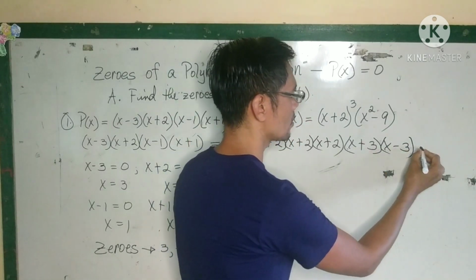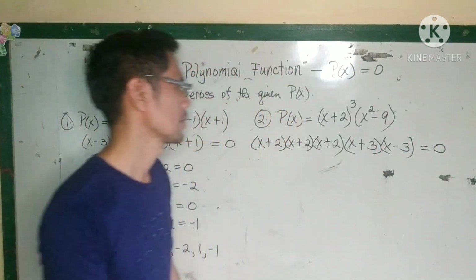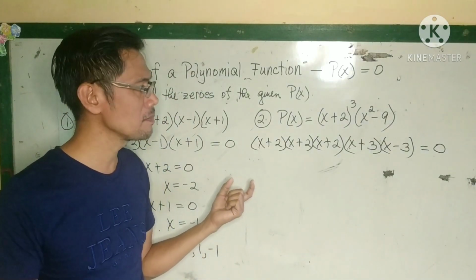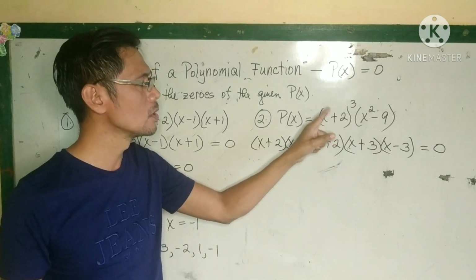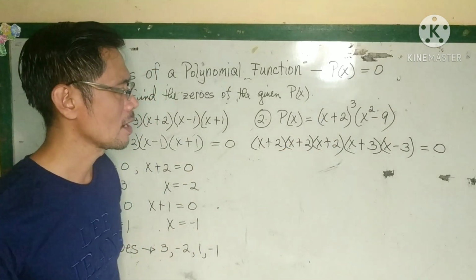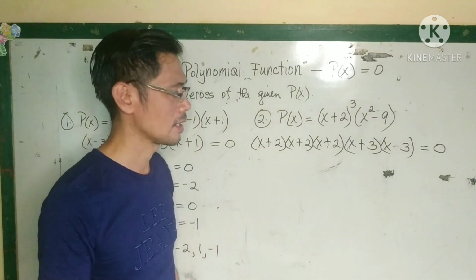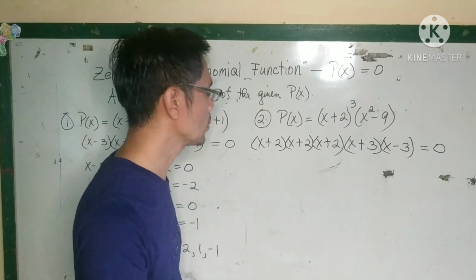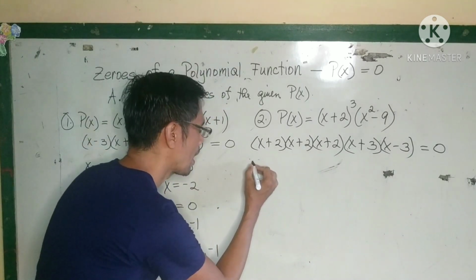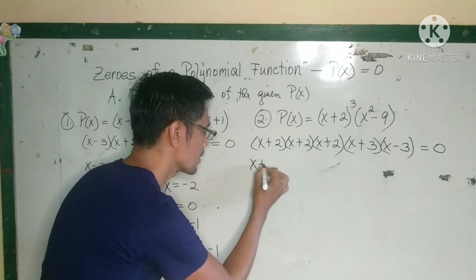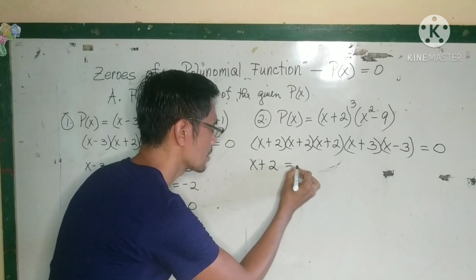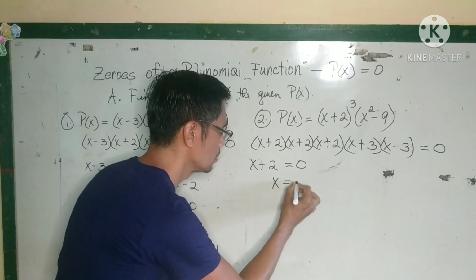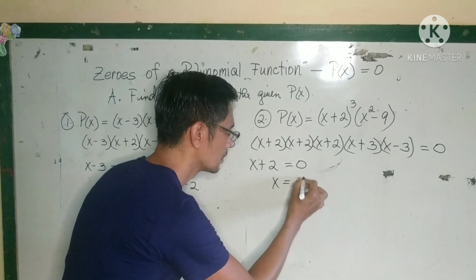Then equating each of the factors to 0, we are now ready to solve for the zeros of the given p of x. We have x plus 2 equals 0. Solving for x, x is equal to negative 2.